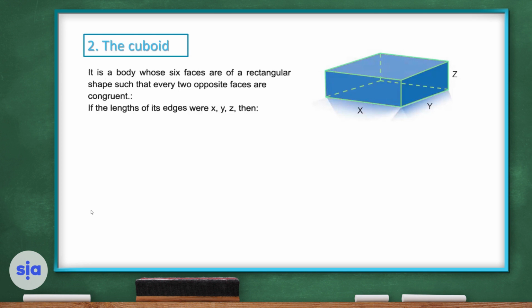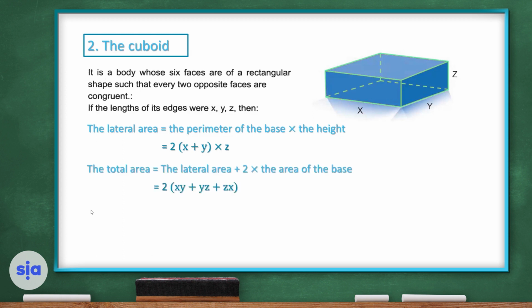If the length of its edges were x, y, and z, then the lateral area is the perimeter of the base multiplied by its height, as here the lateral area is 2 times x plus y, all multiplied by z, where the total area is the lateral area plus 2 area of base, which is here 2 times xy plus yz plus zx. And the volume of the cuboid is the area of the base times the height.